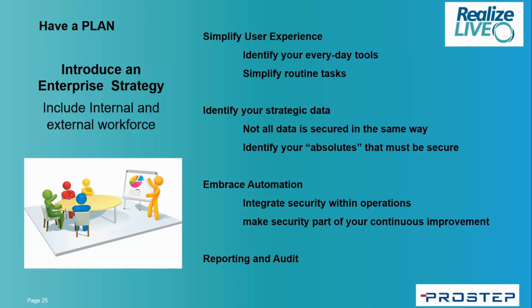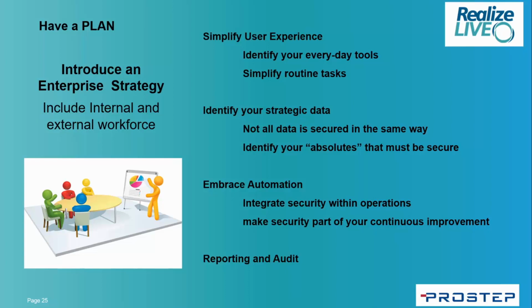data. The other thing is to identify your strategic data. Where is my system of record for unit of measure? Where is my system of record for part definition, and so on? And then embrace automation.